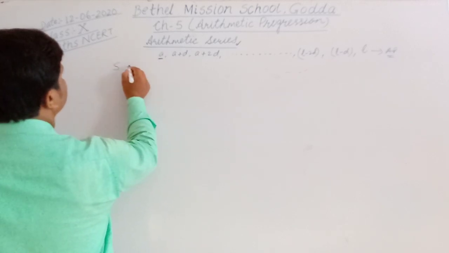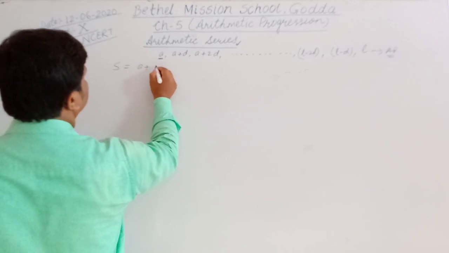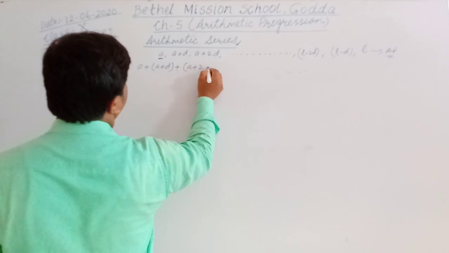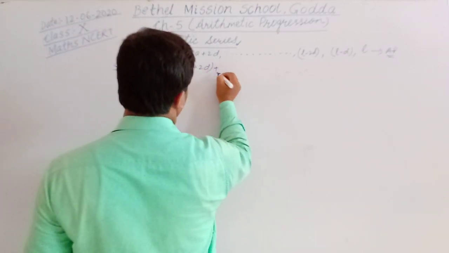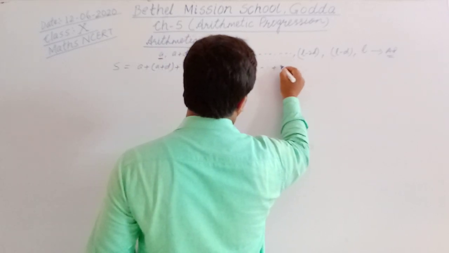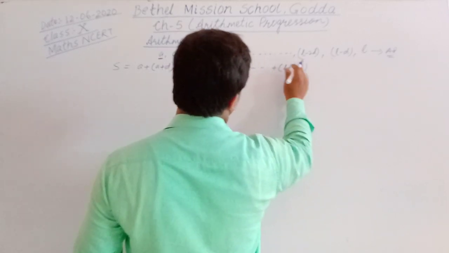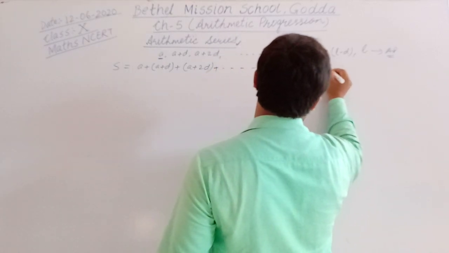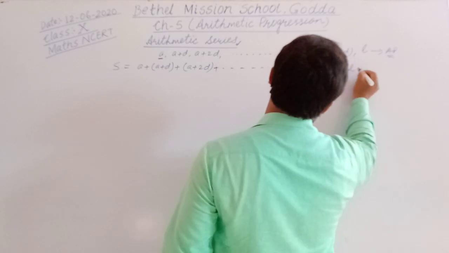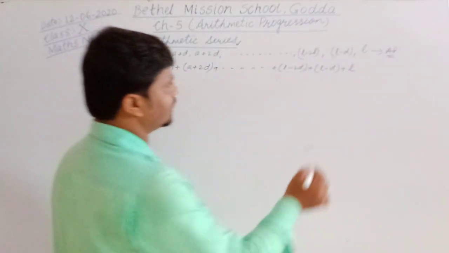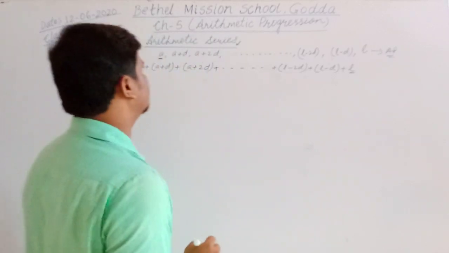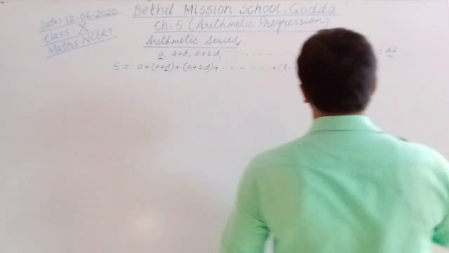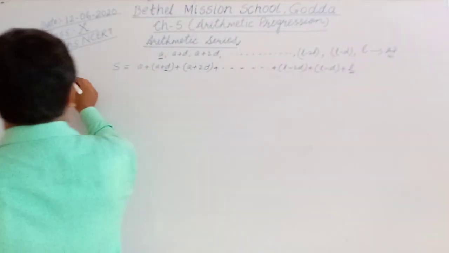The sum of all the terms of the AP will be A plus A plus D plus A plus 2D, and so on, plus L minus 2D plus L minus D plus L. You know this L is the last term, and D is the common difference.